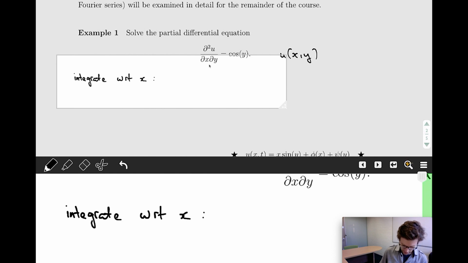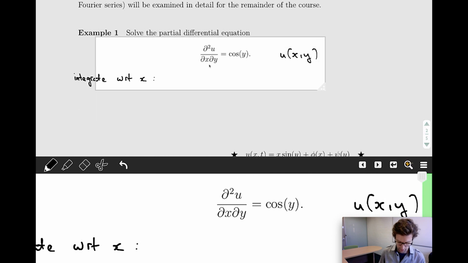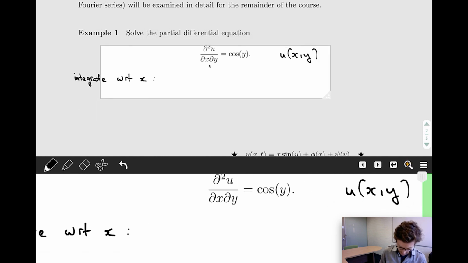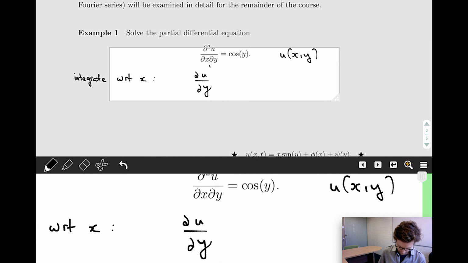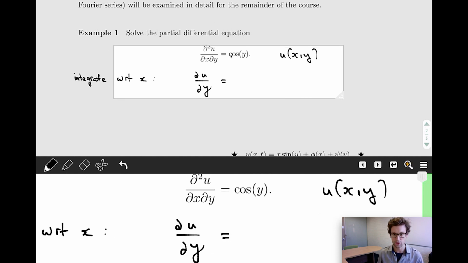And when I do that, I turn my derivative here, d squared u dx dy, it just gives me du dy. So it eliminates one of my derivatives. I get to the right-hand side here, the integral of cosine y with respect to x.